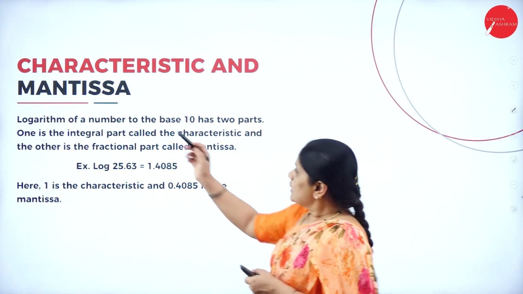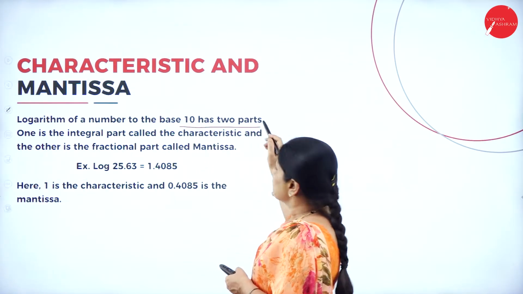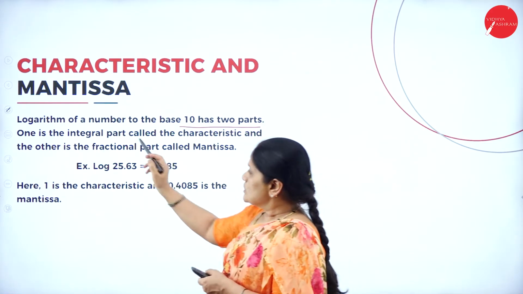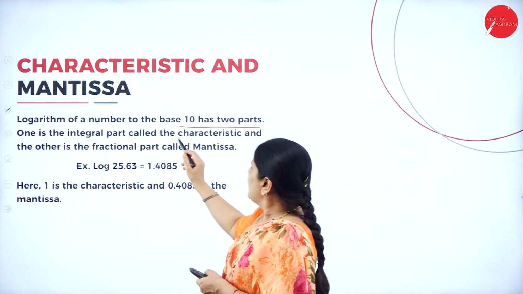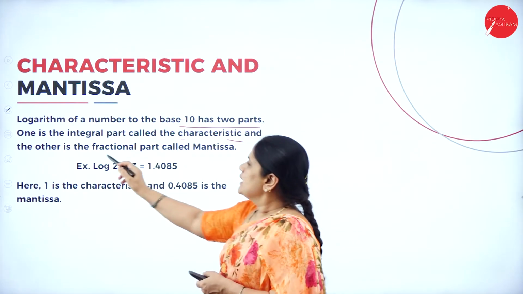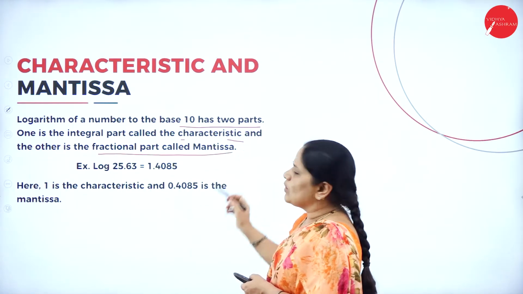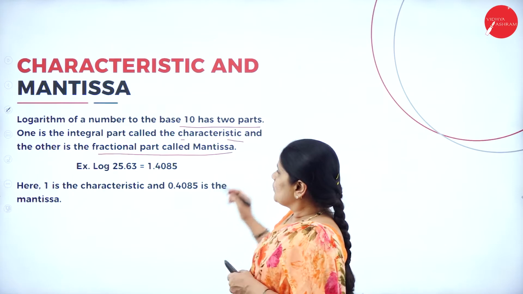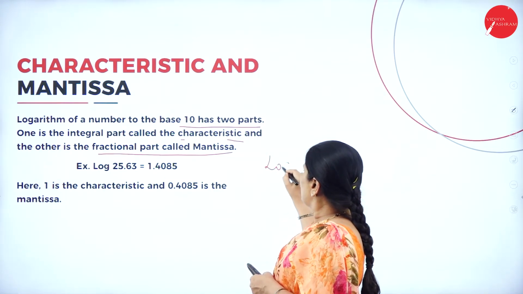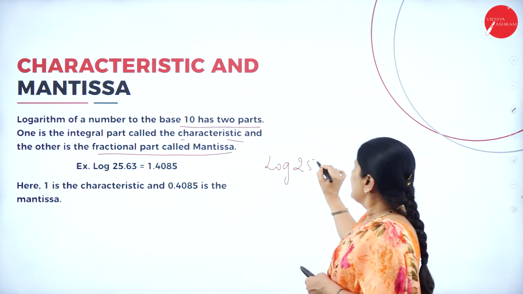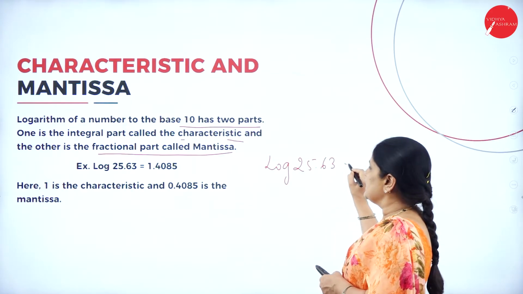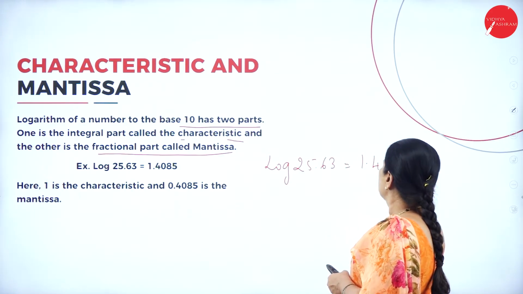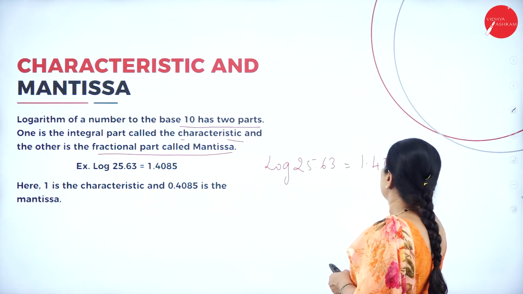Now, the logarithm of a number to the base 10 has two parts. So here, the integral part is called the characteristic, the other is the fraction part called the mantissa. Now, suppose the log value of 25.63 equals 1.4085.